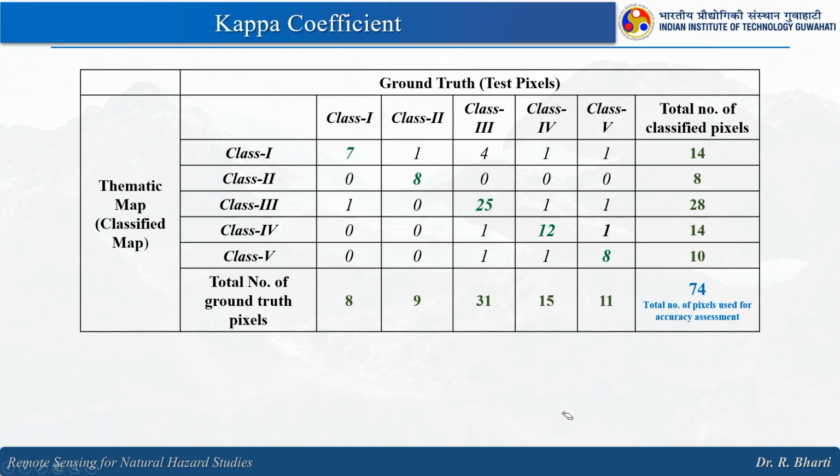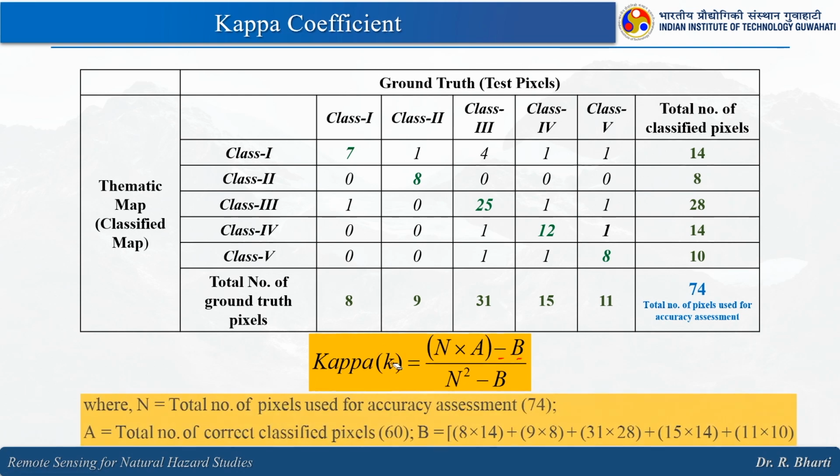Here we will try to calculate the Kappa coefficient. The Kappa coefficient, small k, is equal to n into a minus b divided by n square minus b. Here n is the total number of pixels used in the accuracy assessment, that is 74. a is the total number of correctly classified pixels, that is 60, and b is the multiplication of row and column values corresponding to each class or category.